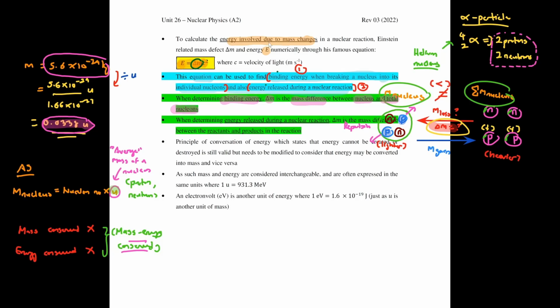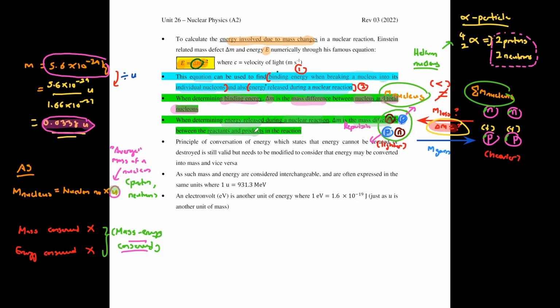But if you are using it to find the energy released during a nuclear reaction, your Δm is the mass difference between the reactants and products inside the reaction. So that's just one thing that you need to be aware of.